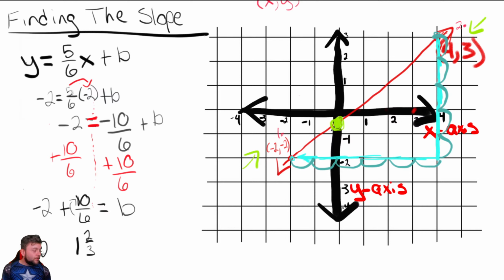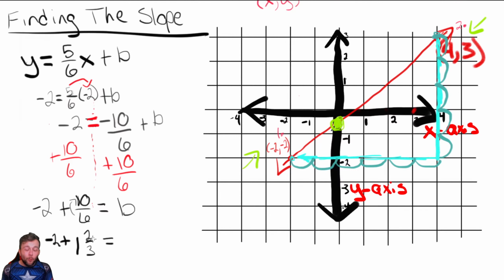And then -2 plus the 1 2/3. Okay, so what's the difference between -2 and 1 2/3? Or we can think of it like subtraction, right?